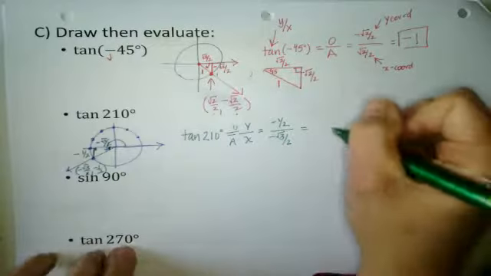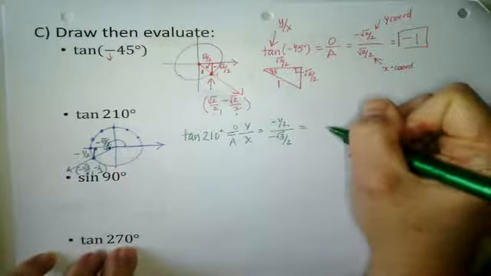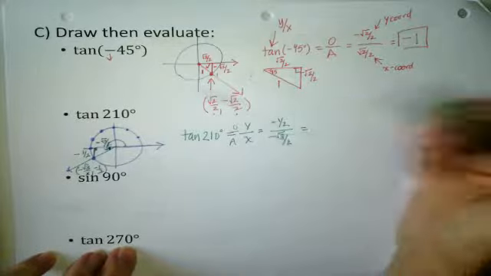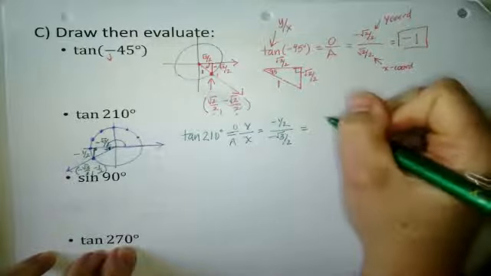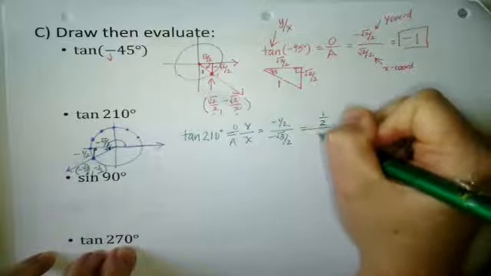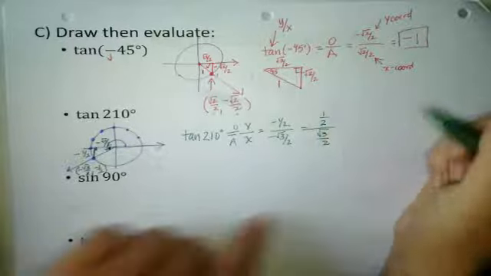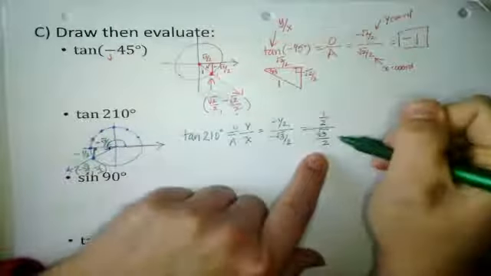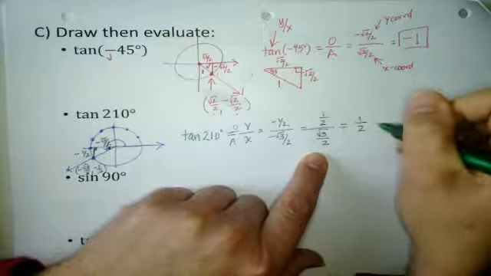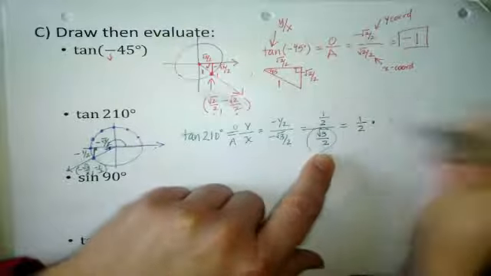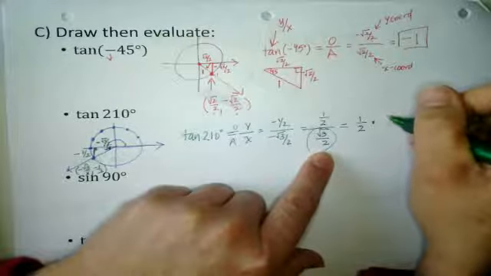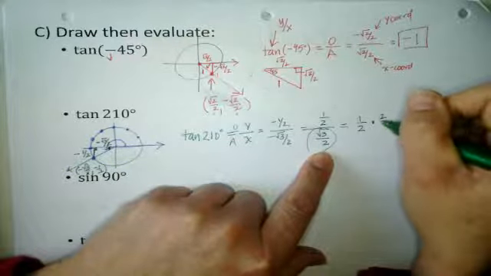So how does that work? How do you clean this up? First of all, I know it's positive. Negative divided by negative is positive. We have 1/2 divided by radical 3 over 2. So I'm going to write it this way because I don't like dividing by fractions. Instead, I'm going to multiply by the reciprocals. So we're going to keep change flip. Multiply by 2 over radical 3.